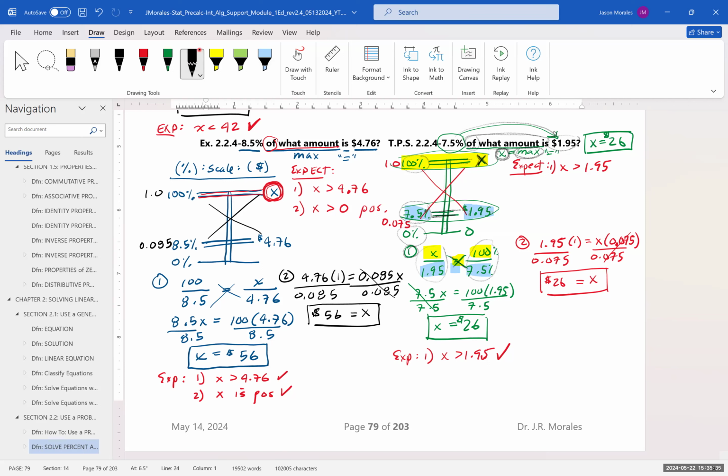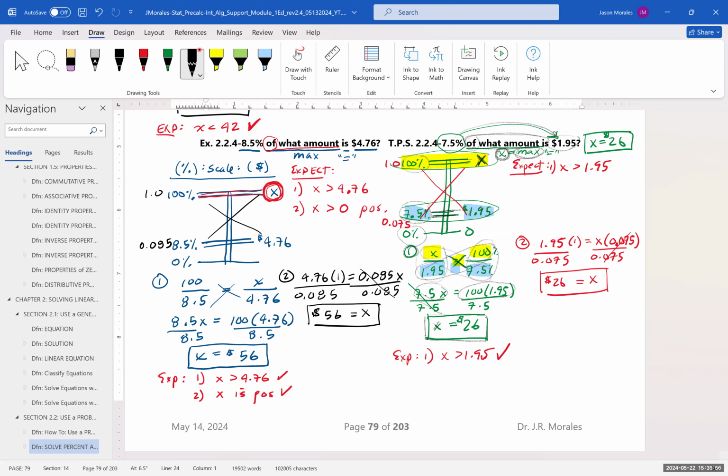And we can cross multiply there. And so we get 7.5x equals 100 times 1.95. Divide both sides by 7.5, and you get x equals 26.